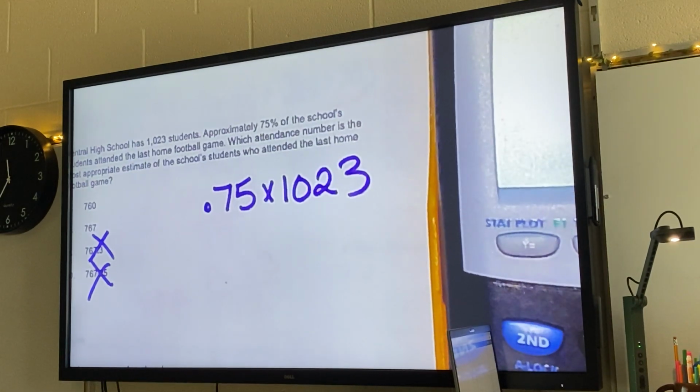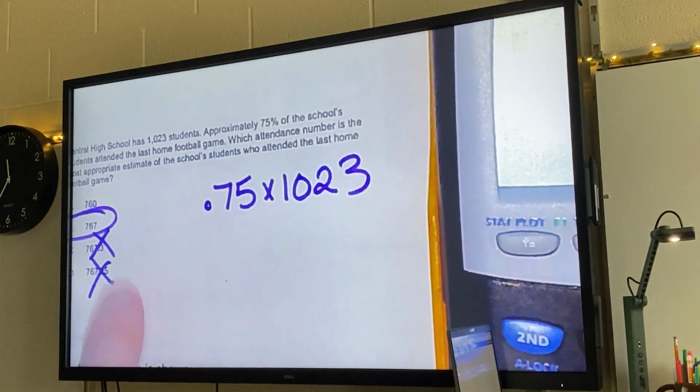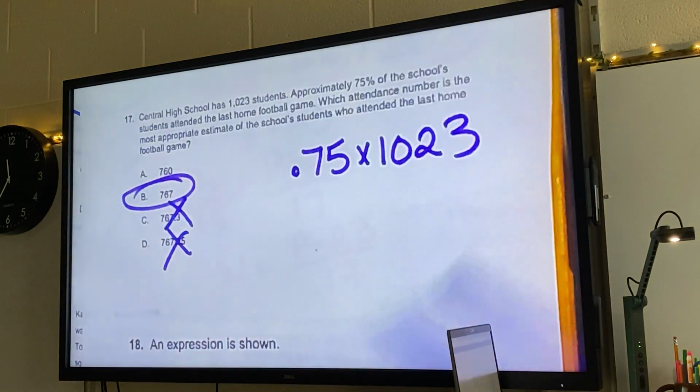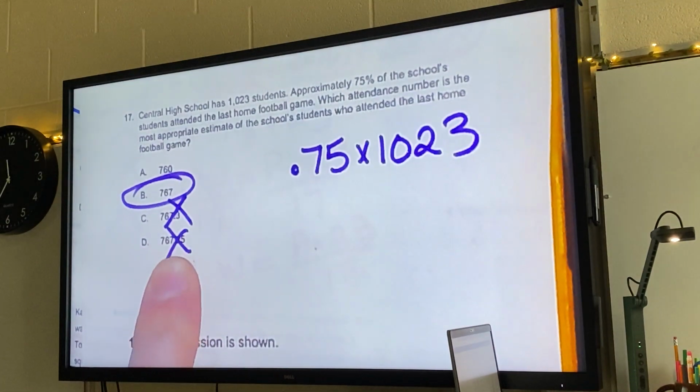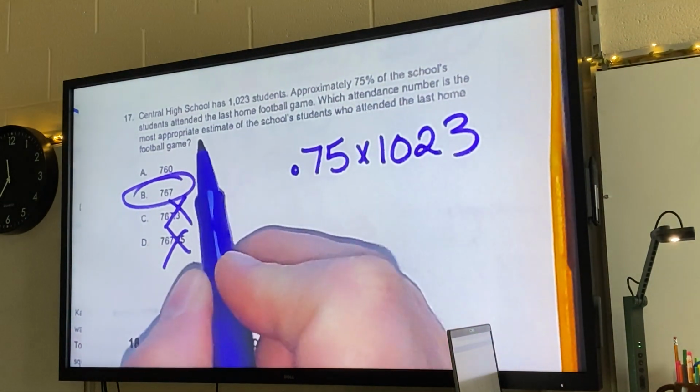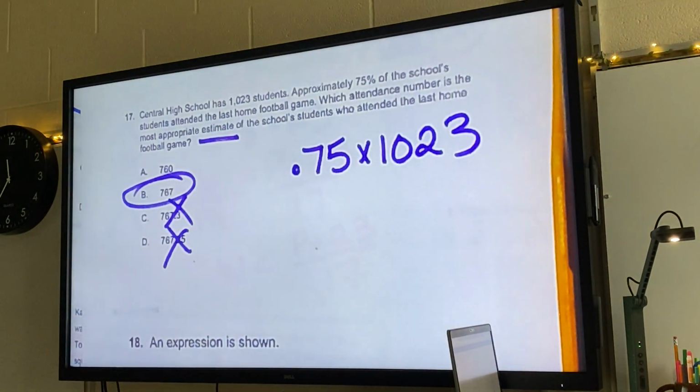So 0.75 times 1,023 will give me 767.25. So what would the answer be? B. But do you see how that was one of the answer choices? What we got exactly was an answer choice. If you did not read that word estimate, you would have marked the wrong answer choice. So just be careful. Again, tricky.